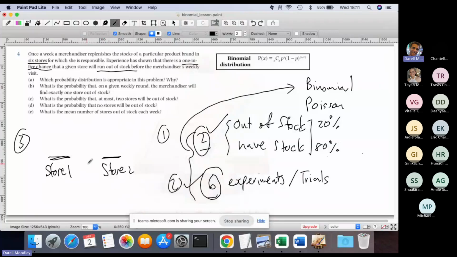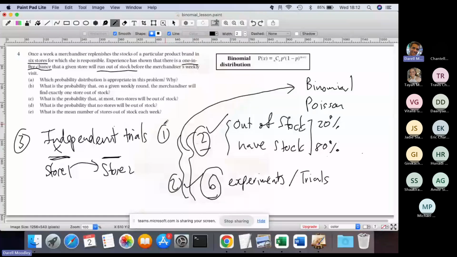They have no bearing on each other. So if, say, store 1 was in KZN and store 2 was in Gauteng, they are independent of each other. Whatever happens in one store doesn't really influence the other store, unless they tell you that in the text, but they don't say that. So in other words, they are independent. So that means there are independent trials. These are the three reasons why you would use a binomial distribution. But if you can just figure out these two, it's good enough to know which distribution to use.